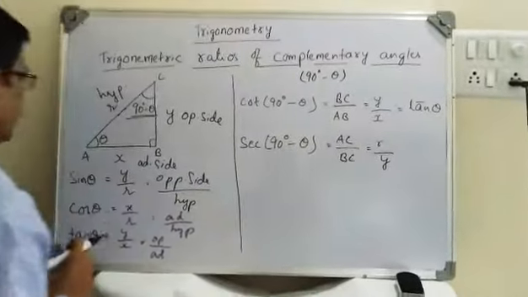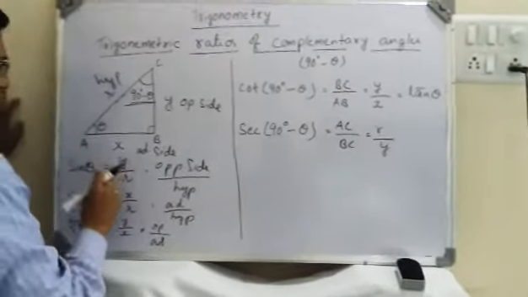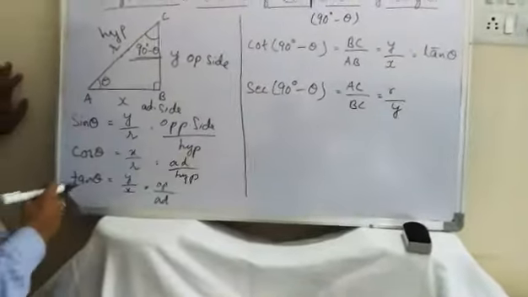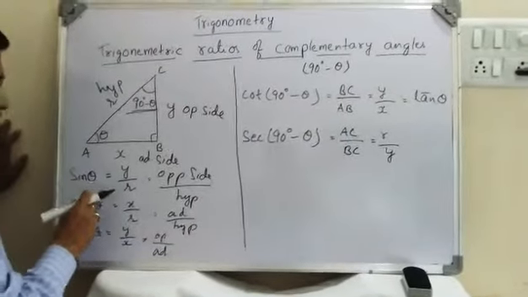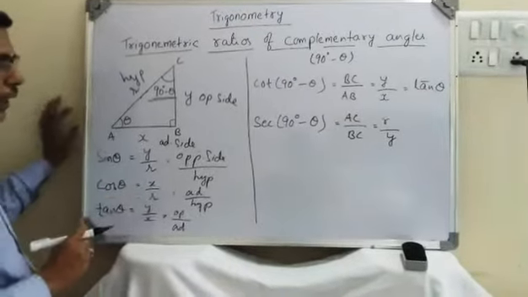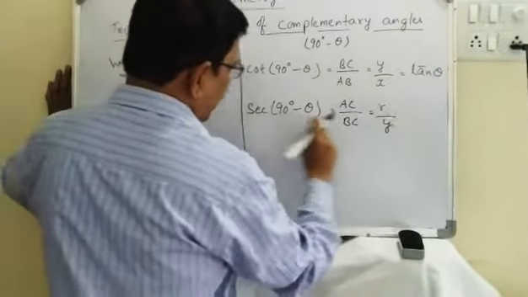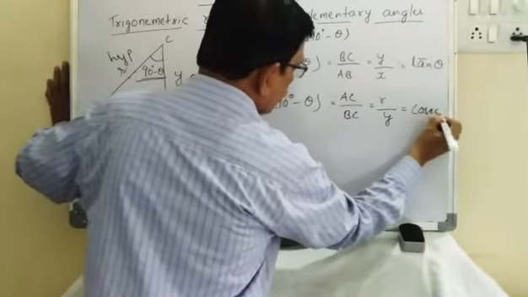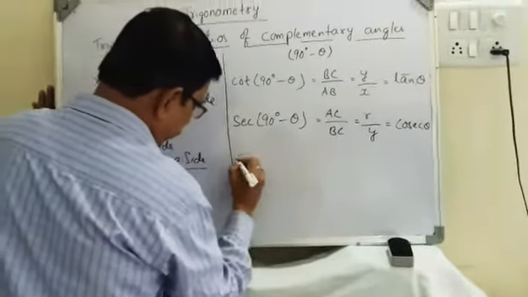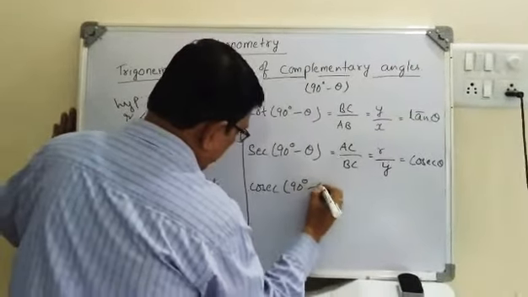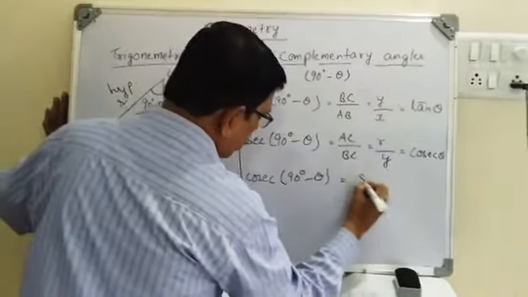Here we got y by r and here we got r by y. Both are reciprocal to one another. I told you in class that sin theta is the reciprocal of cosec theta. So secant 90 minus theta is equal to cosec theta. Similarly, we can prove that cosecant 90 minus theta is equal to secant theta.